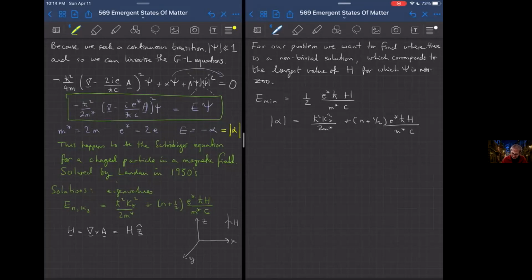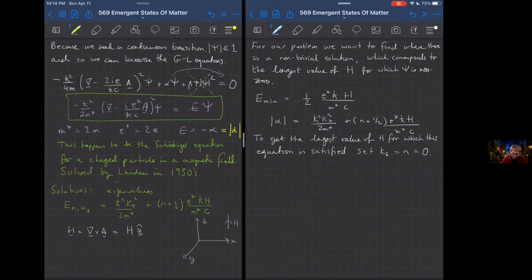To get the largest value of h, we want to set n and kz both equal to 0.